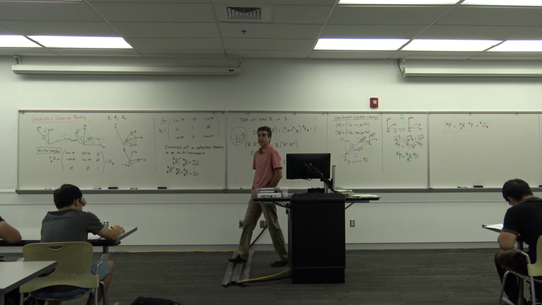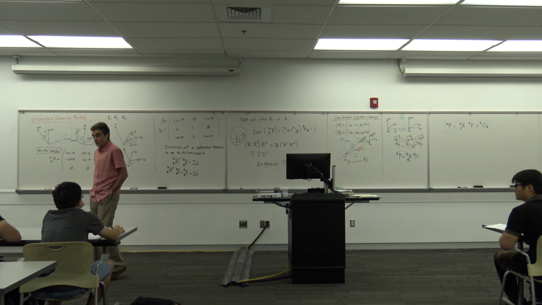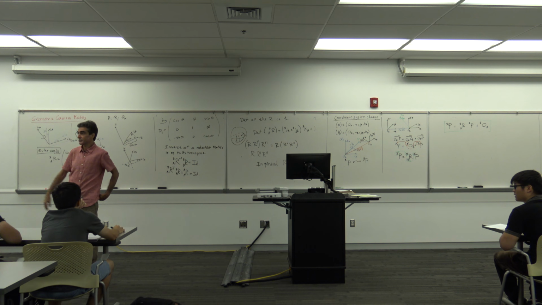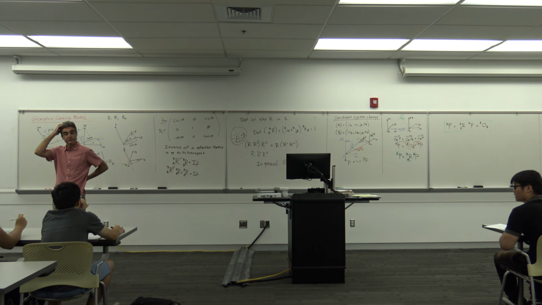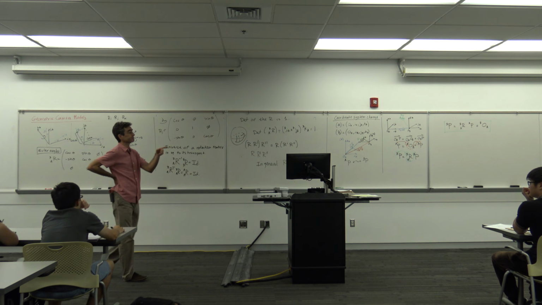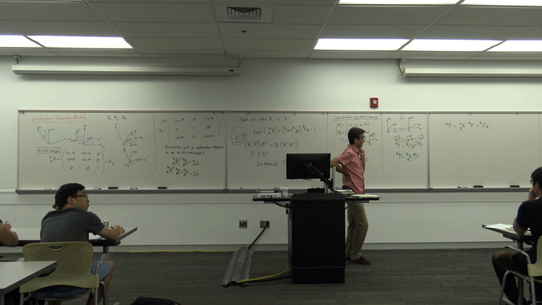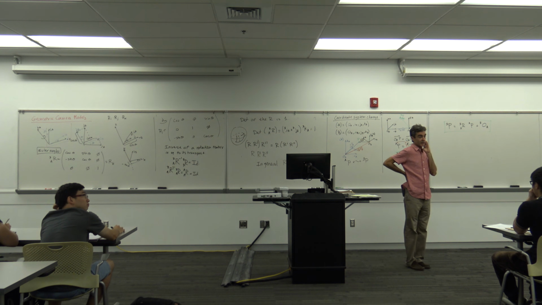Now, can anyone tell me one example of when I'm going to be interested in changing coordinate systems from A to B? I can't hear you, sorry. In astronomy. Okay. Yeah, that's true.